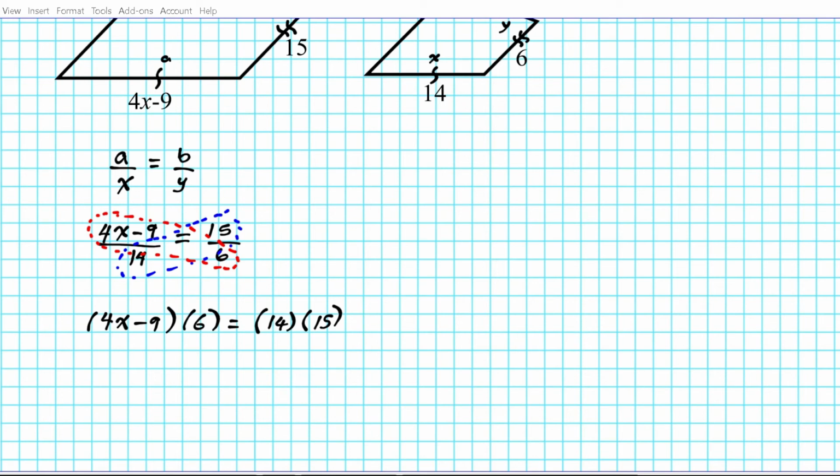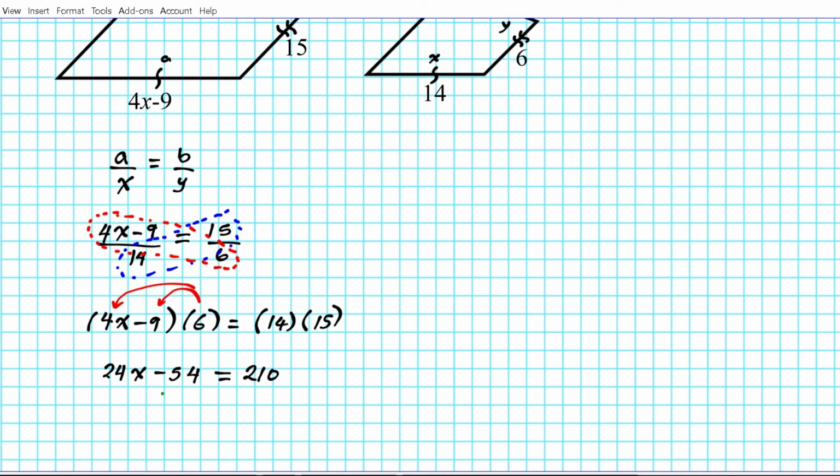Okay. All right, so let's go ahead and multiply this out. On the left side, we're going to distribute the 6 across 9 and 4x. So if we do that multiplication, we're going to have 24x minus 54 is equal to, and then 14 times 15 is 210.